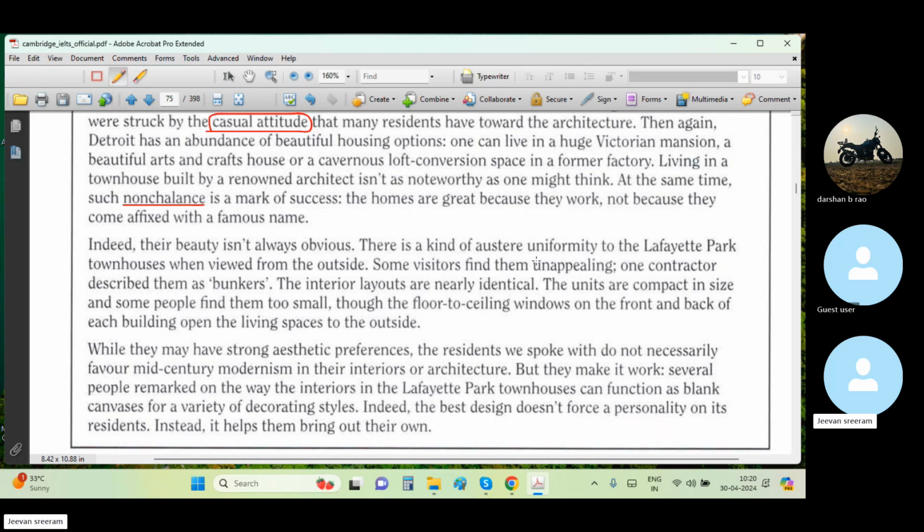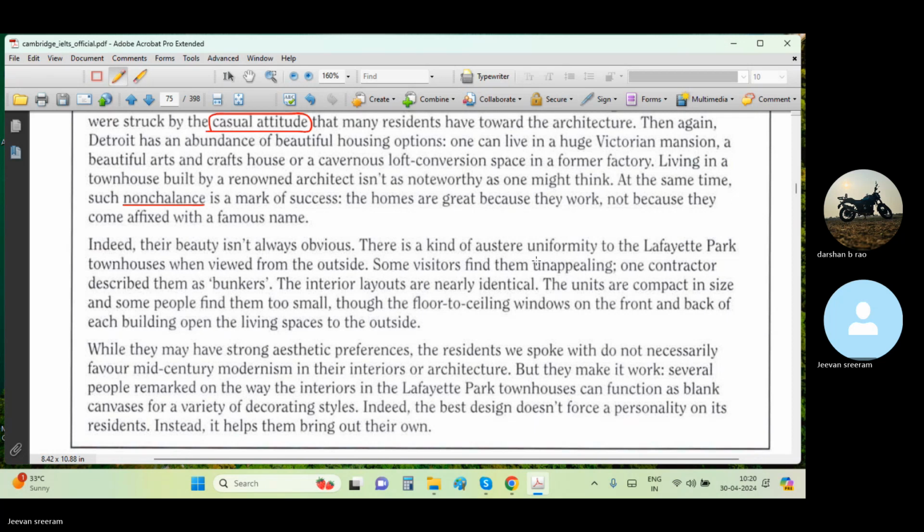In the front and on the back side, you can see the big floor to ceiling windows that open the living spaces to the outside.